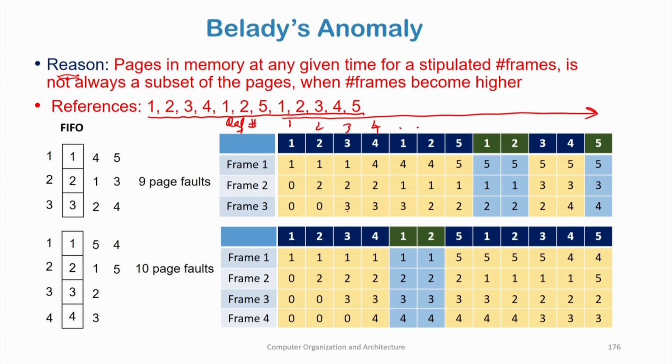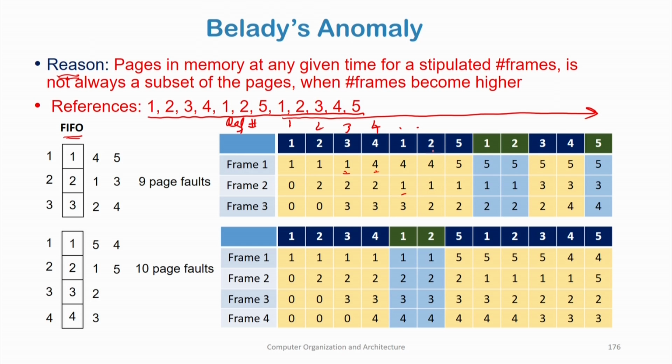For the fourth reference, because I am using a FIFO policy, first in first out, 1 was first in, so 4 replaces 1 and it again incurs a miss. Now, 1 comes in, 1 has already been replaced in the previous access, so 1 again encounters a miss and it replaces 2.